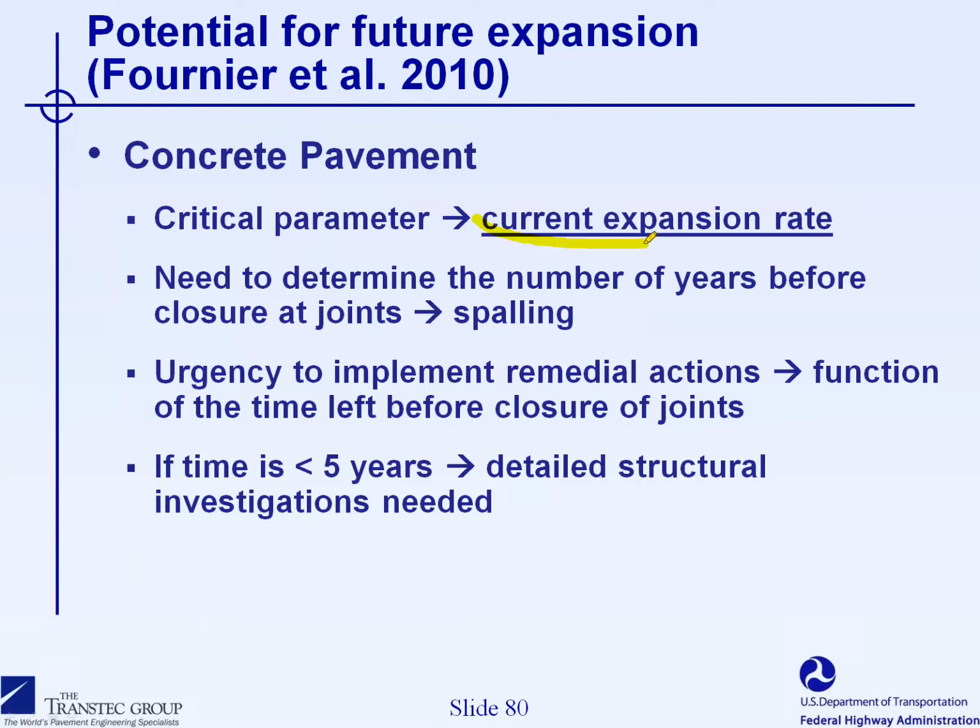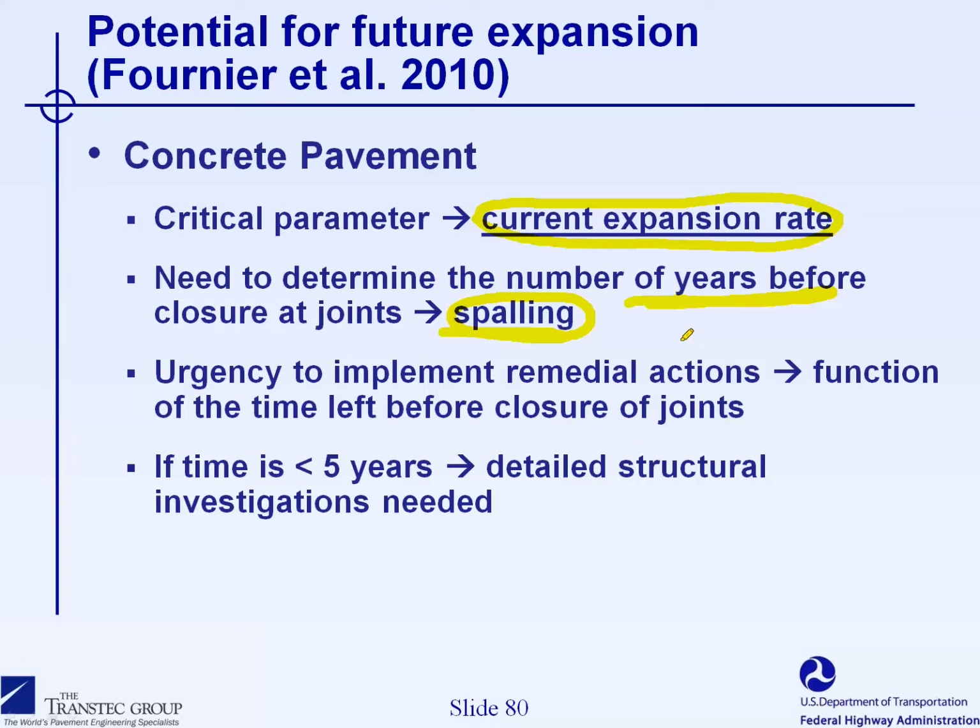Similarly, for concrete pavement, the critical parameter suggested is the current expansion rate, because in pavement, the critical factor is the development of spalling at joints, because this becomes a real security issue. And so the engineers need to determine how many years are left before the joints are closed because of the expansive process due to ASR, and then spalling will occur.